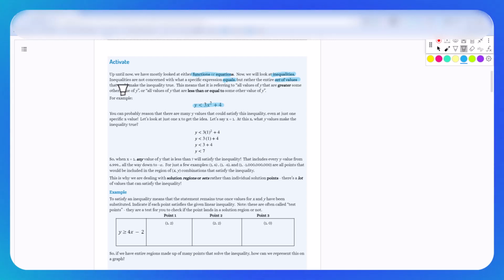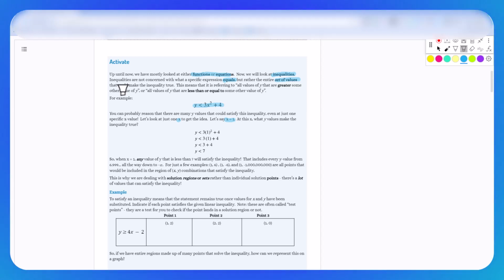Let's look at just one x to get the idea. Let's choose the easy one, x equals 1. At this x, what y value does the inequality become true?